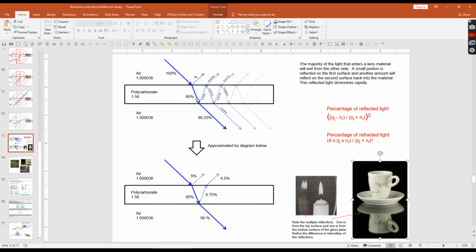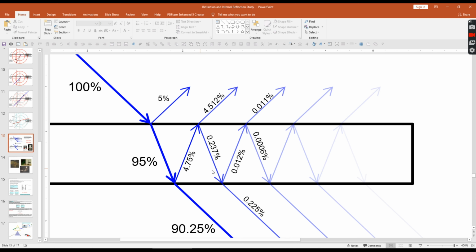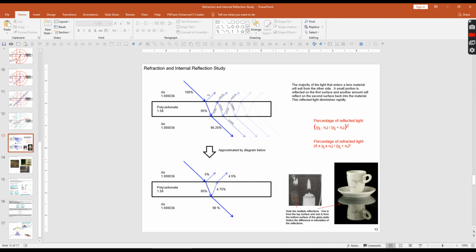So going through those calculations to show the amount that's reflecting internal reflection, and then how much is refracting back out, much smaller percent, that you can see here. And you can do your own calculations for whatever materials you are using. So that's why each of these multiple reflections is much more faint than the previous one.